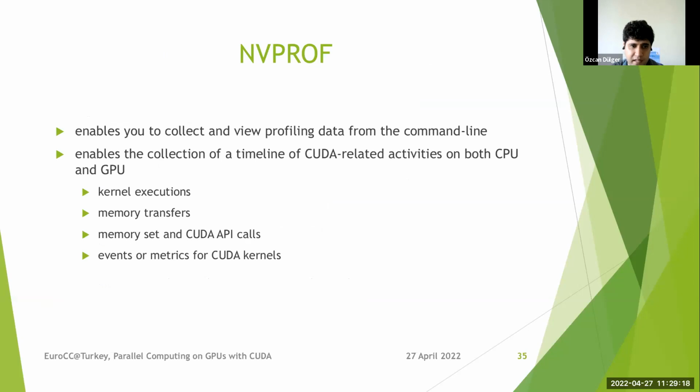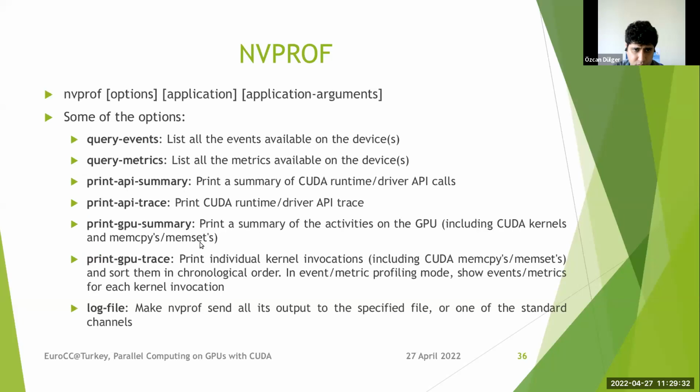These activities can be kernel executions, memory transfers, memory sets or CUDA API calls, or events or metrics for CUDA kernels. And how can we run nvprof? The nvprof command, and there are options, application name and application arguments. Let's look at some of the options.